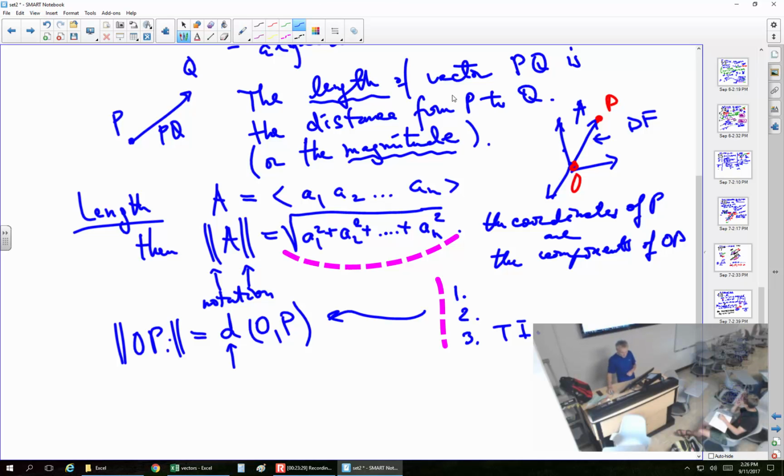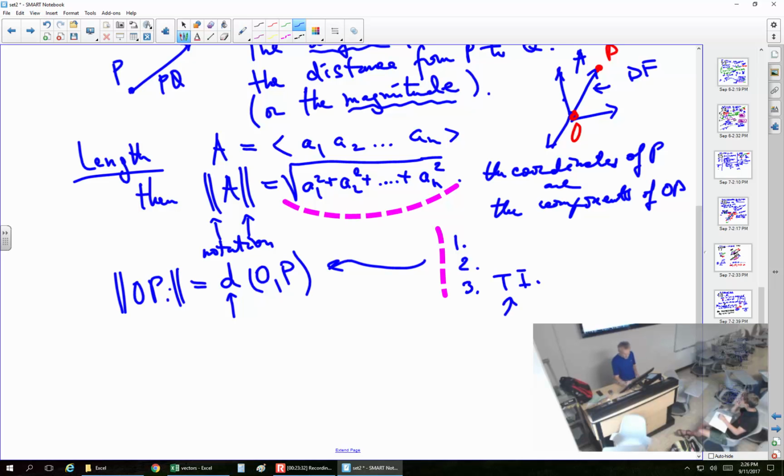Let's start with the triangle inequality.